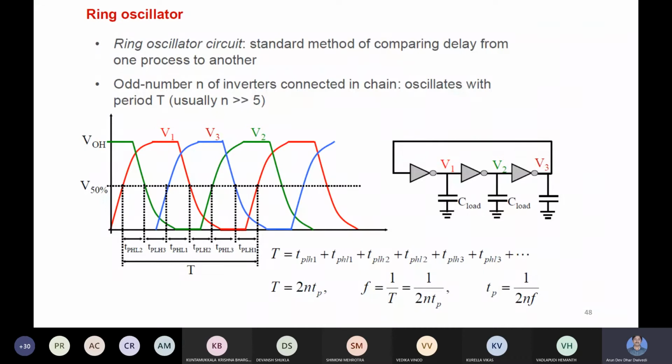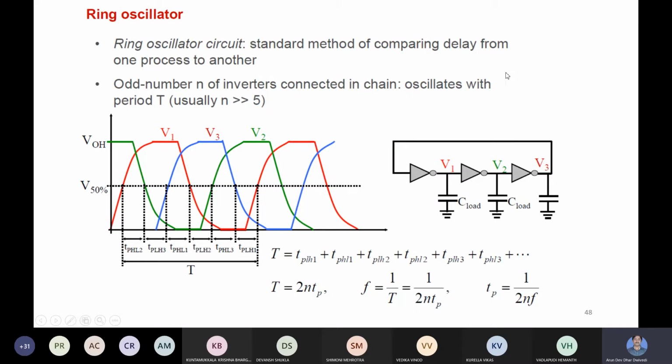CMOS inverter we understand now. So the CMOS inverter is this one. This is also a CMOS inverter. This is the symbol for the CMOS inverter. Instead of taking the complete circuit, we have created a symbol, and this is the first stage. Its output is given to the next stage. Then the output of the second CMOS inverter is given to the input of the third one, and the output of the third one is given as input to the first one.